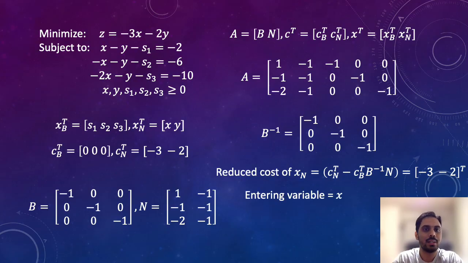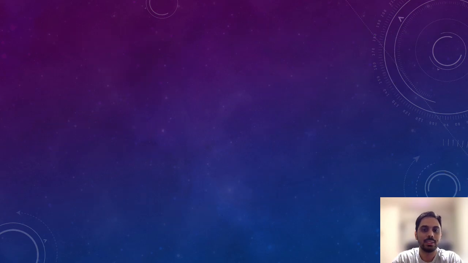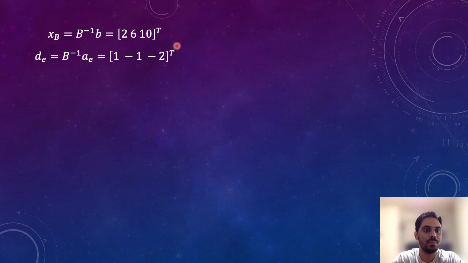Okay, so the next part is to pick our exiting variable. Remember the process. First, compute the value of X hat B, which is B inverse b, which is 2, 6, 10. Then we compute the value of dE, which is B inverse times the column for our entering variable, AE.